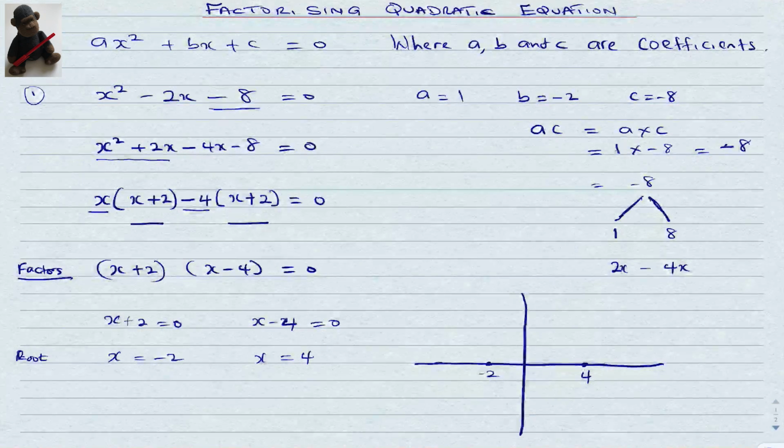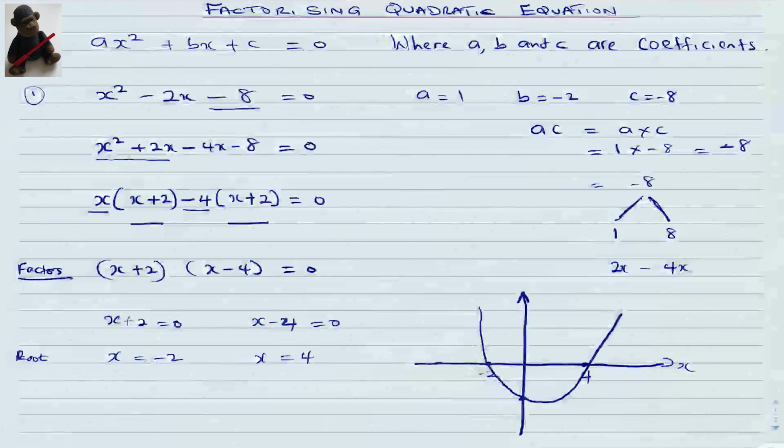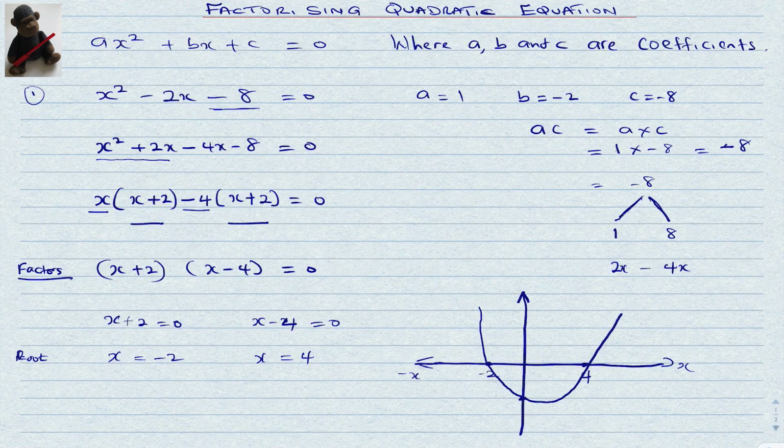So somewhere there, maybe you just make that minus 8. And now we can sketch this curve going that way. So that's how you sketch the quadratic equation. And that's x, and that's y. That's minus 8, which is c, your intercept on the y-axis.